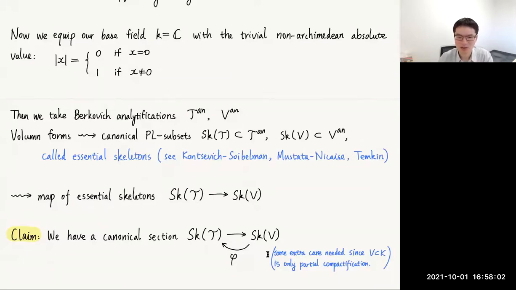I will say more about it. Anyway, the idea is just that in this case, we have a canonical section phi. I will explain the construction. It's very simple for non-Archimedean geometers.